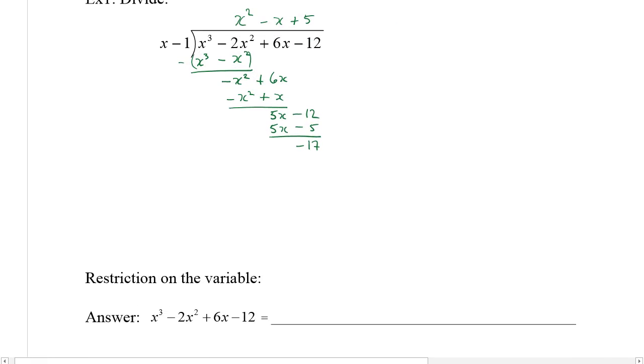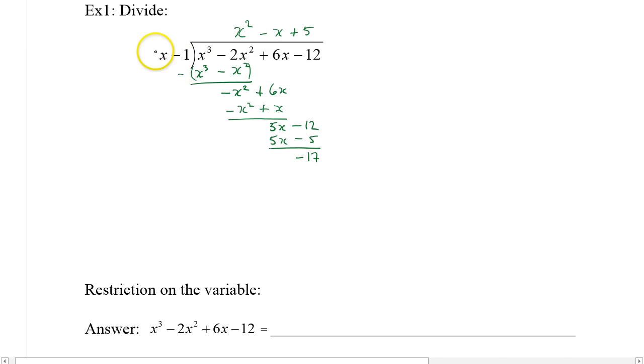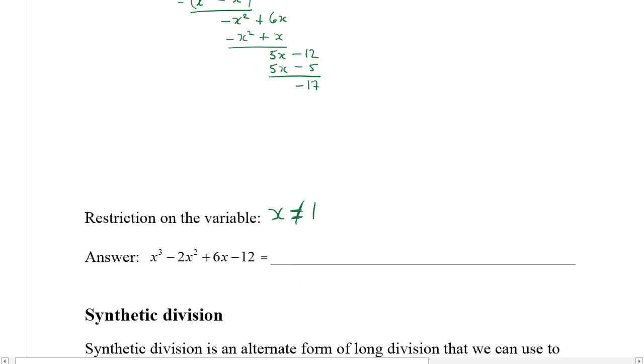Here it says, what is the restriction on the variable? Well, if I'm dividing by x minus 1, that means that x cannot be equal to 1. Alright, and there are different ways of stating my answer.